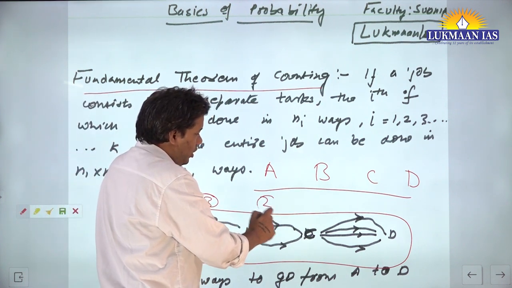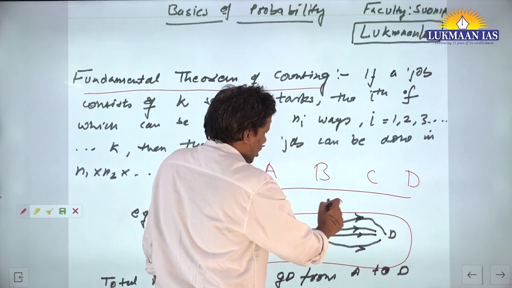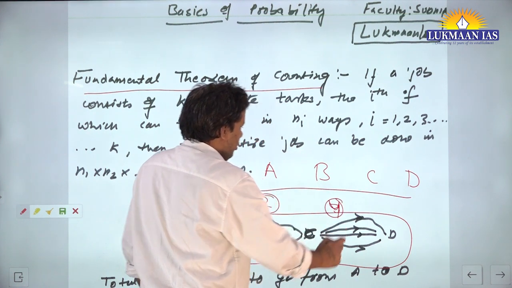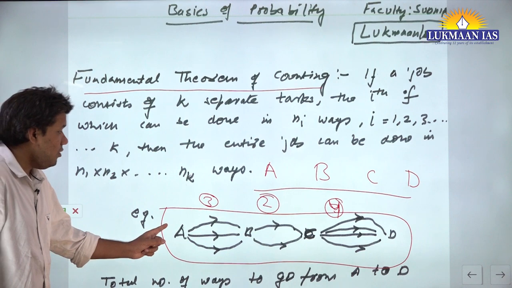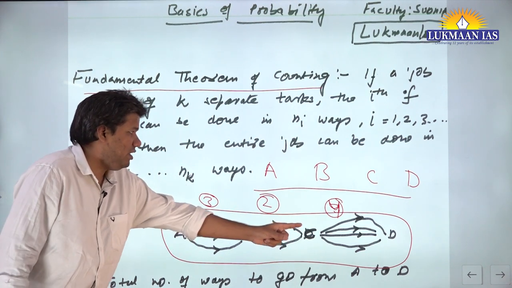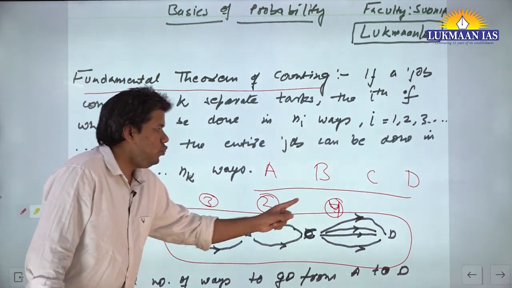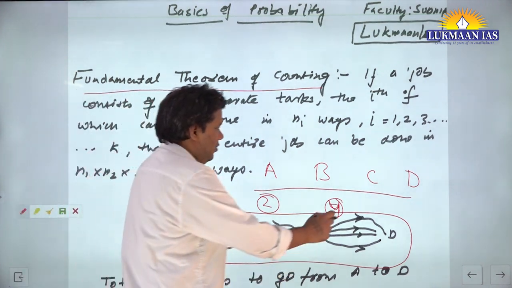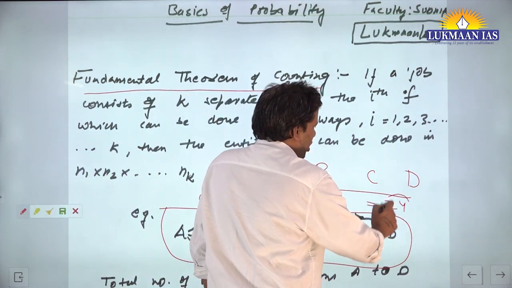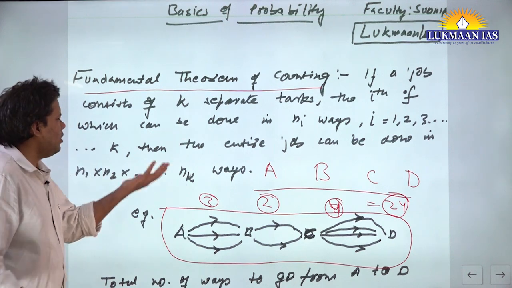B to C, there are 2 ways. C to D, there are a total of 4 ways, right? So, in how many ways can a person go from A to D? That would be 3 into 2 into 4, which is 24.